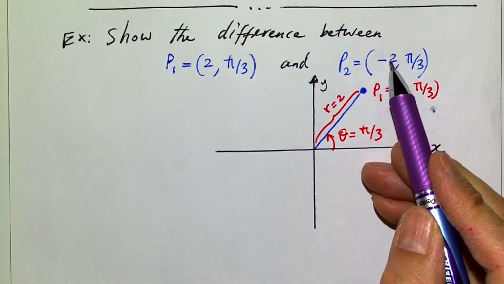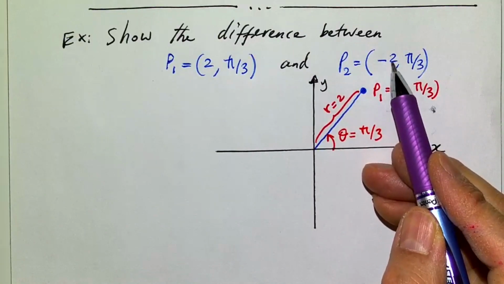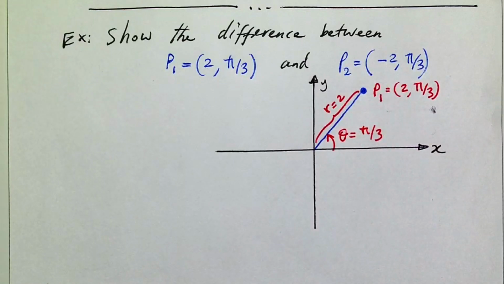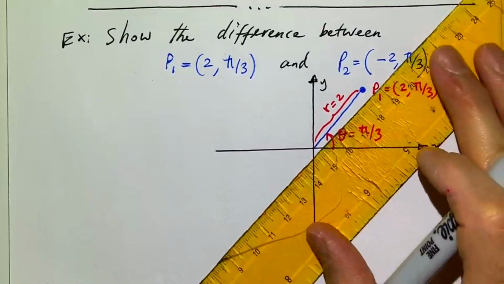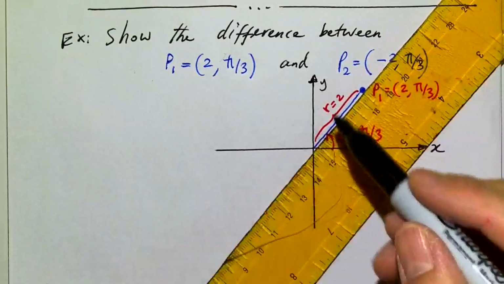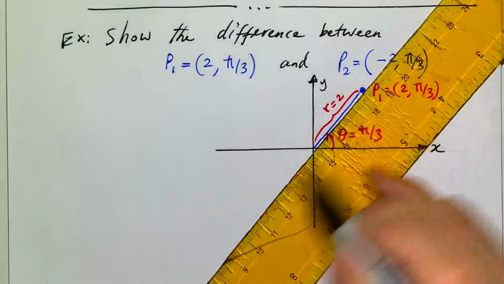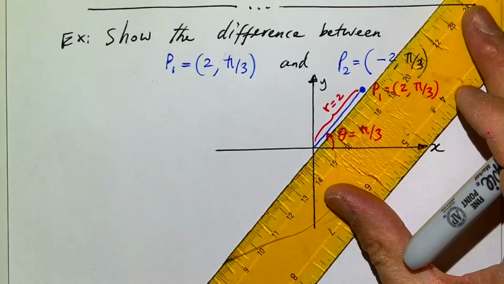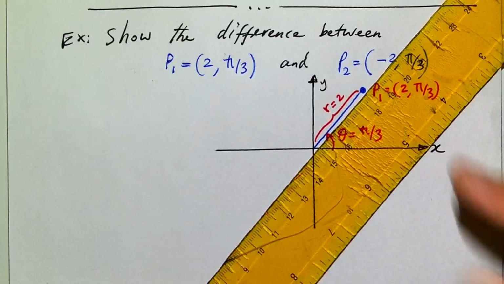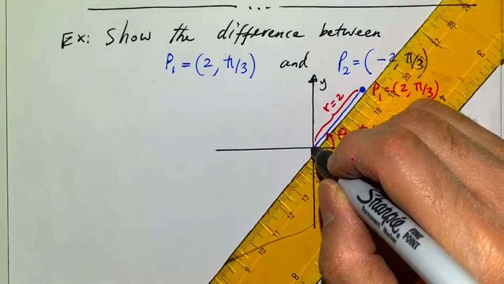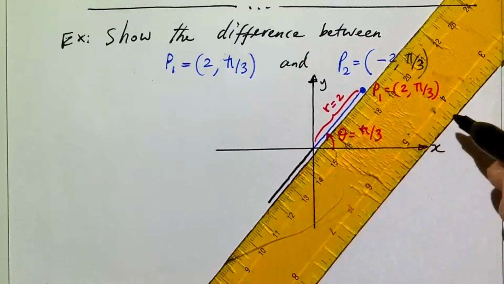So with this negative in front of r, the other point, let me draw that with this thicker marker that I have. It would be pi or 180 degrees on the other side. That's what it means when we say in the direction opposite to theta. So the difference would be pi away from that. So that would be that.